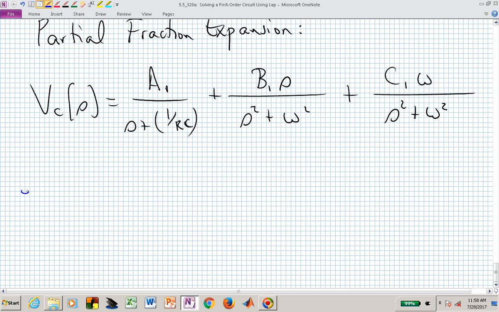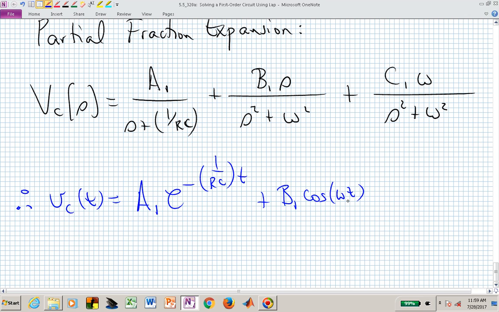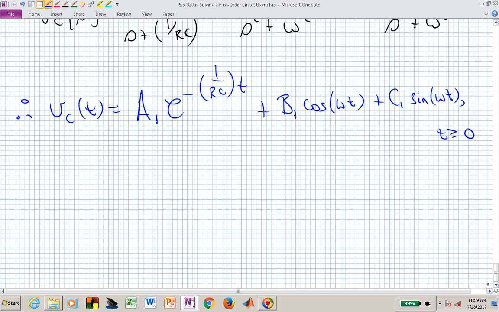And that now allows me to immediately write down the structure of the time domain solution. I now know I have A1 e to the minus 1 over RC times t. That's an exponentially decaying transient, plus a B1 cosine omega t plus a C1 sine omega t. And all of that is going to happen for non-negative values of time t, or after t equals 0.